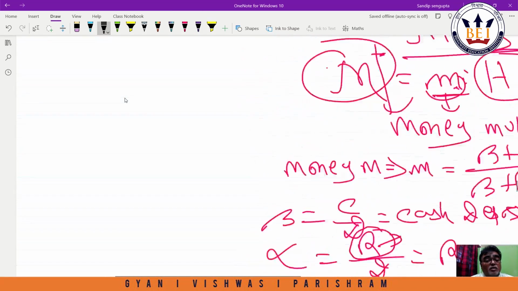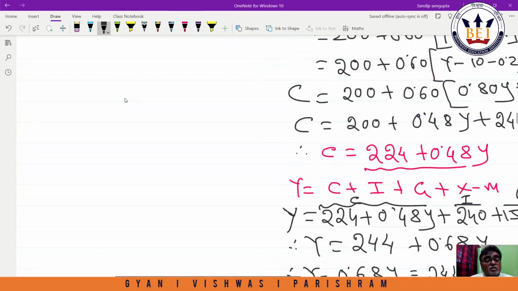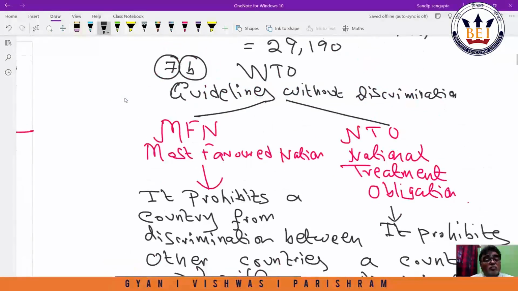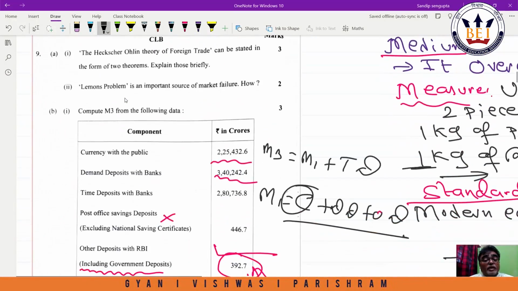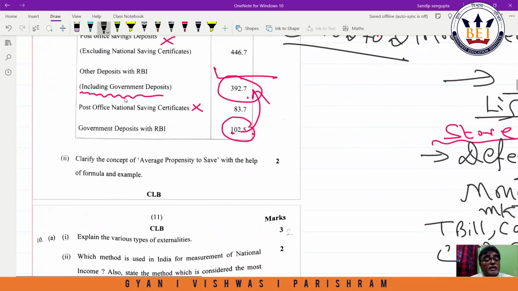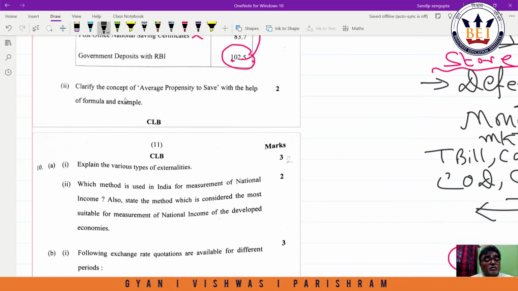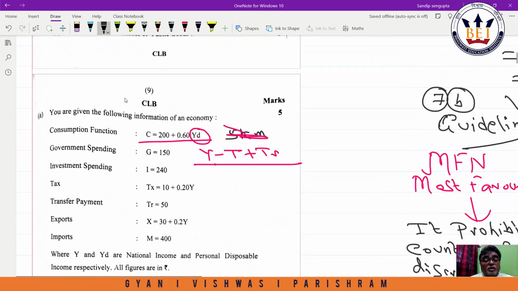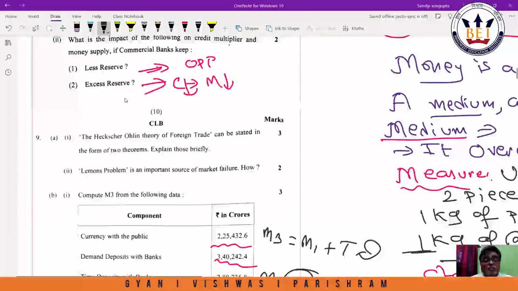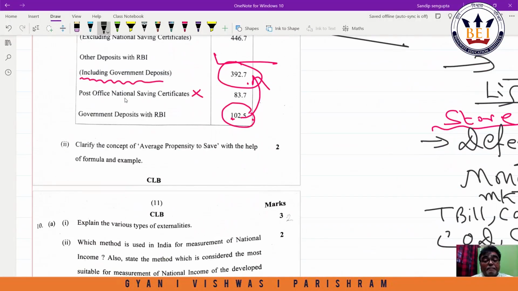Next is, clarify the concept of APS. Heckscher-Ohlin done. This is done. Clarify the concept of APS.